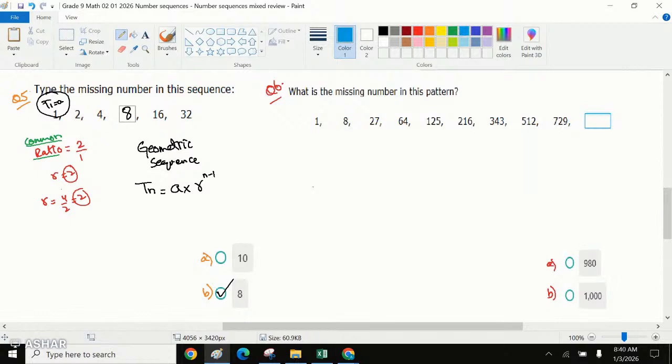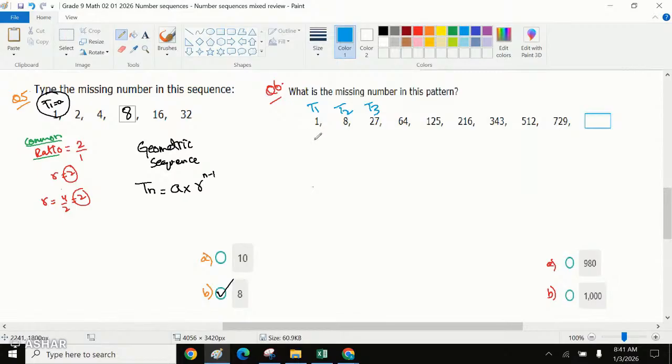What we can see over here is, if this is term number 1, term number 2, 3, and so on, the value of the term is deduced from the term number position, right?